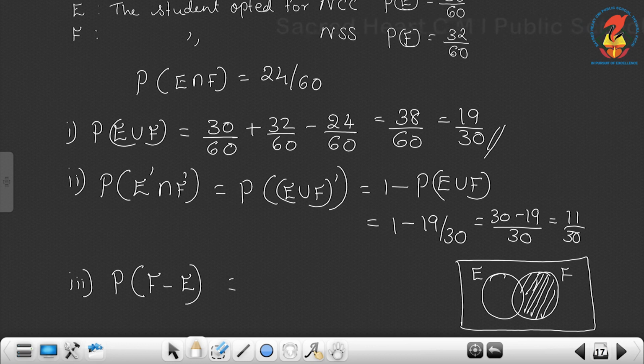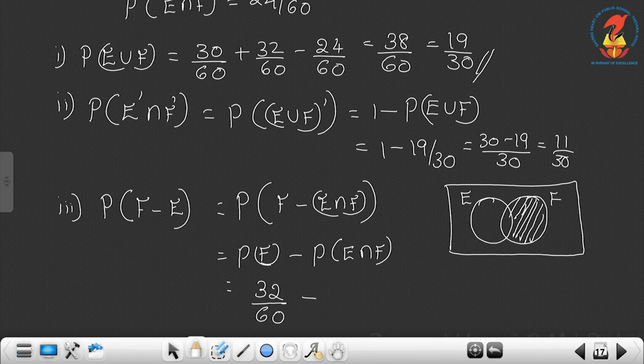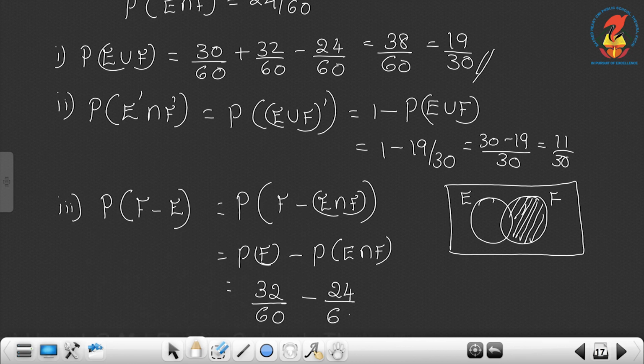From the whole F we can subtract E intersection F. So P of F minus E intersection F, that's equal to P of F minus P of E intersection F. In the F total there are 32 by 60 minus that common, both NSS and NCC, it is 24 out of 60.